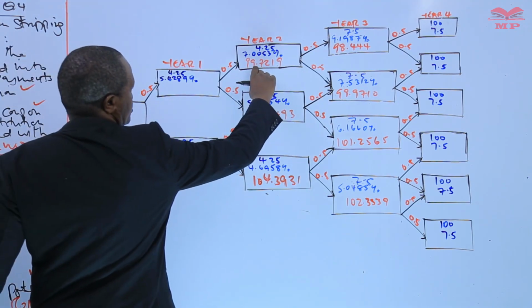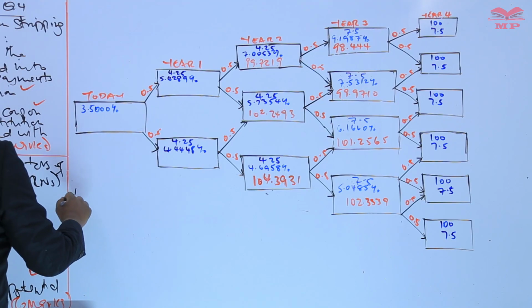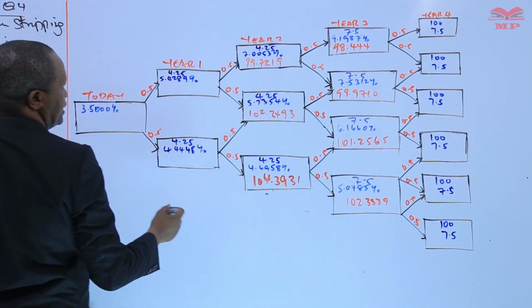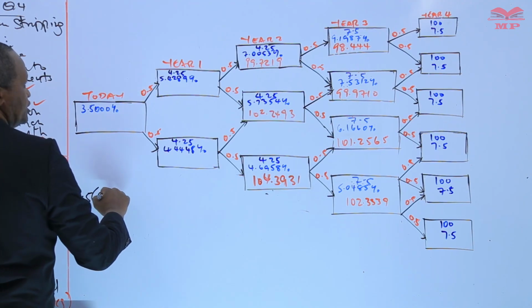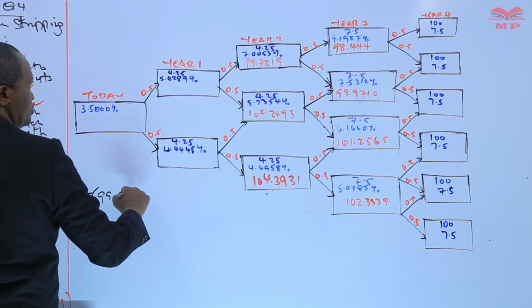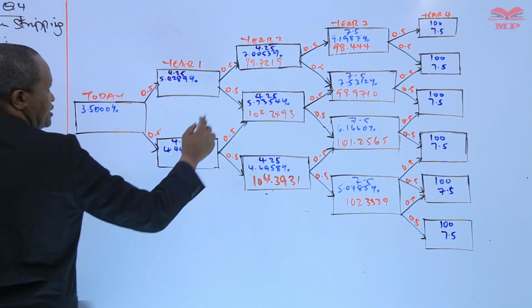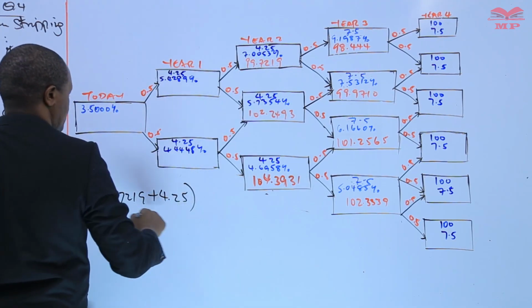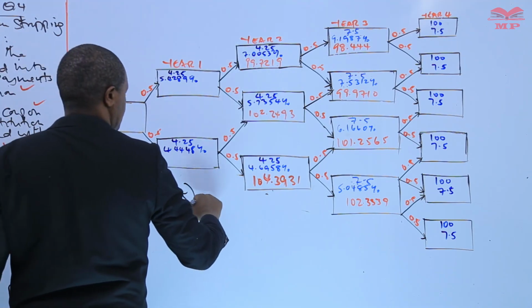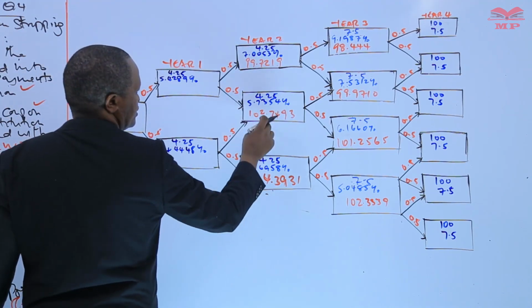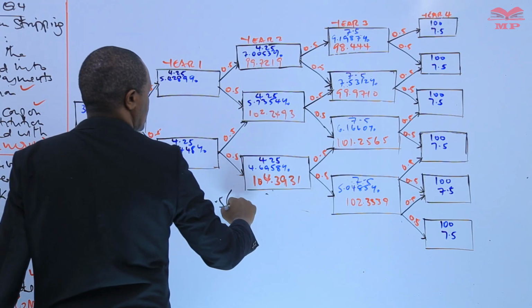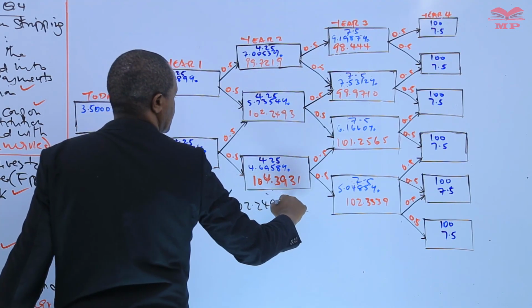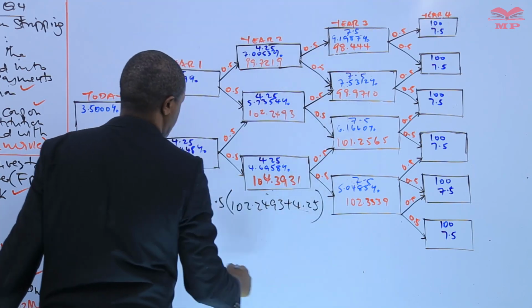Beginning with these two, we're going to have 0.5 into 99.7219 plus 4.25 plus 0.5, this one, 102.2493 plus 4.25.